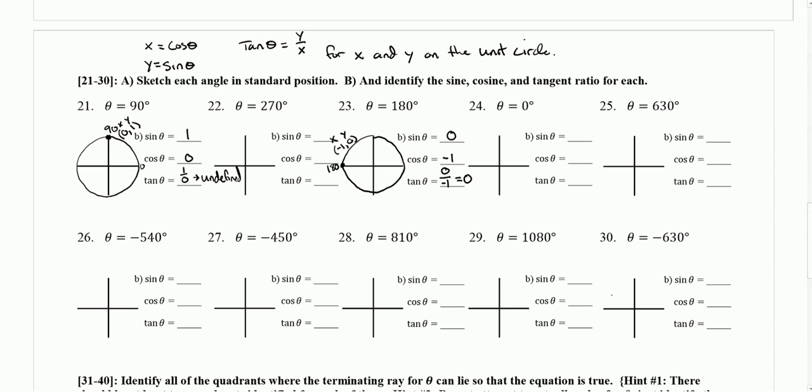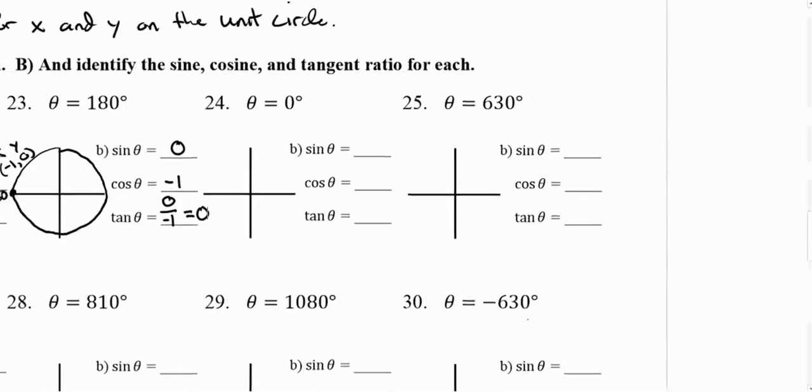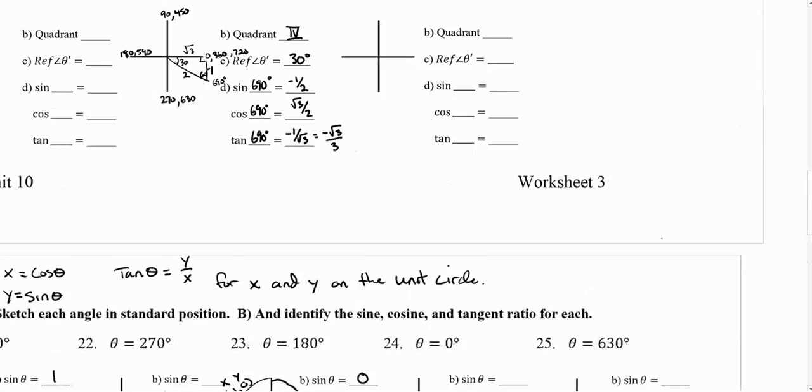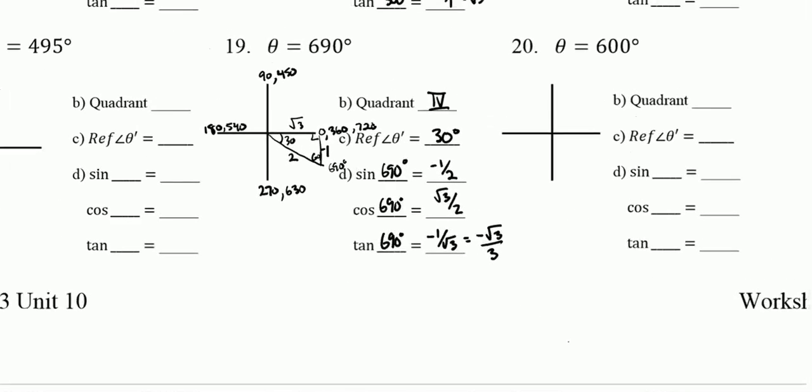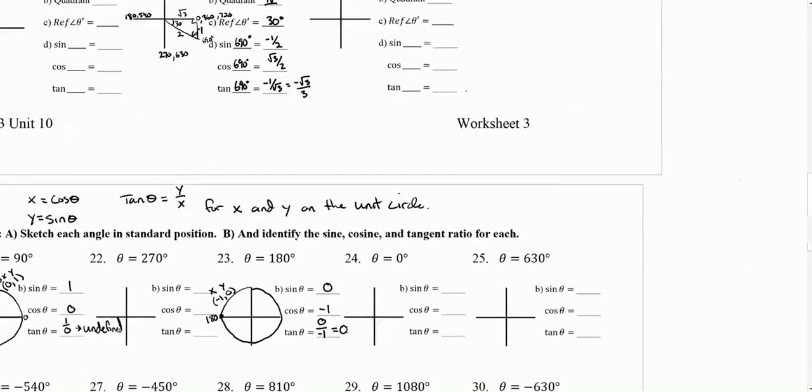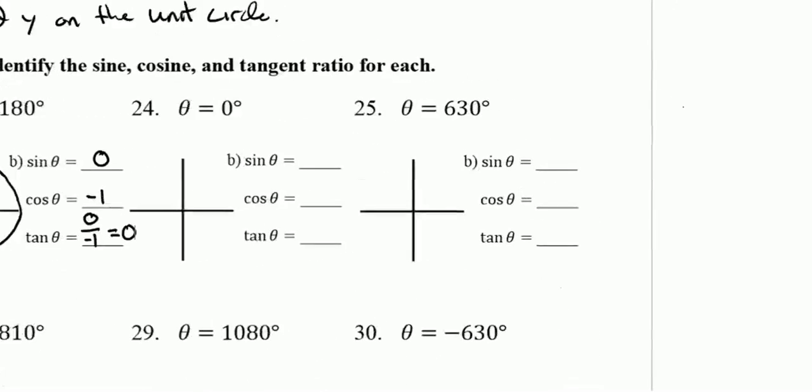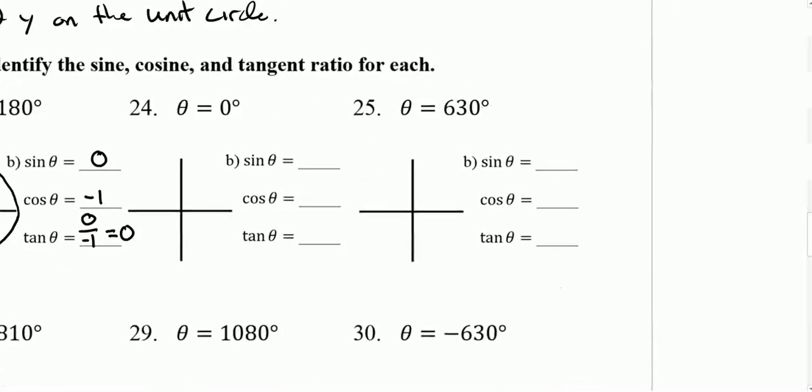Number 25, 630 degrees. We can do what I did back in number 19, where you just keep going around the circle to find out where that is. Or another way to do this is just to find a smaller angle that's coterminal with it. And if you recall, we found coterminal angles by just subtracting 360.